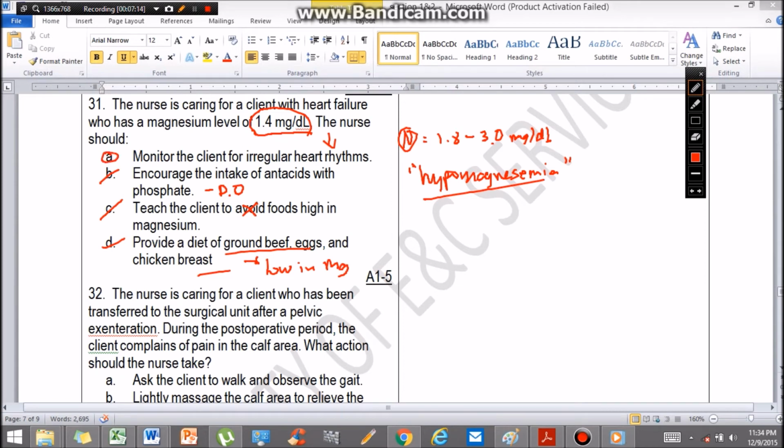Best answer? A. Remember that magnesium and other electrolytes can affect your heart contraction. It can lead to what? Ventricular dysrhythmia. So you need to monitor the heart rhythm.